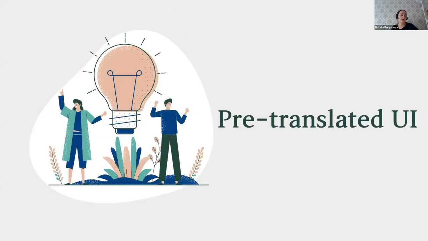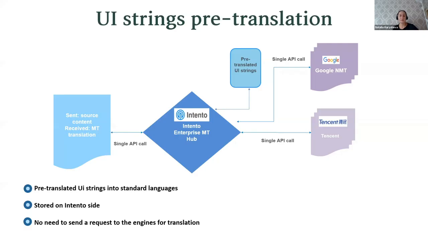And now, one last thing I would like to share with you, which can help you improve raw MT. It is pre-translated UI. So UI pre-translation is something we're working on now.